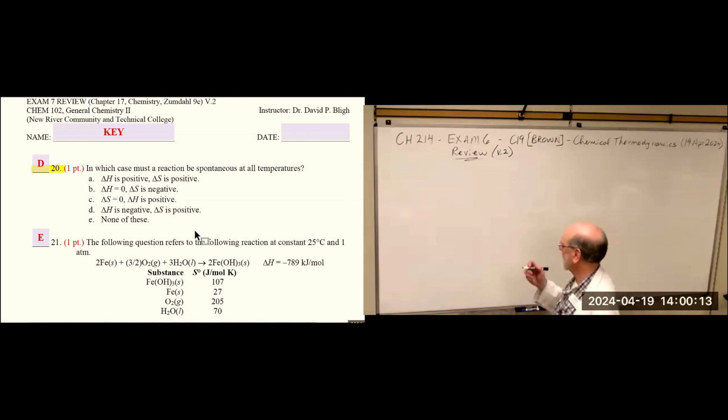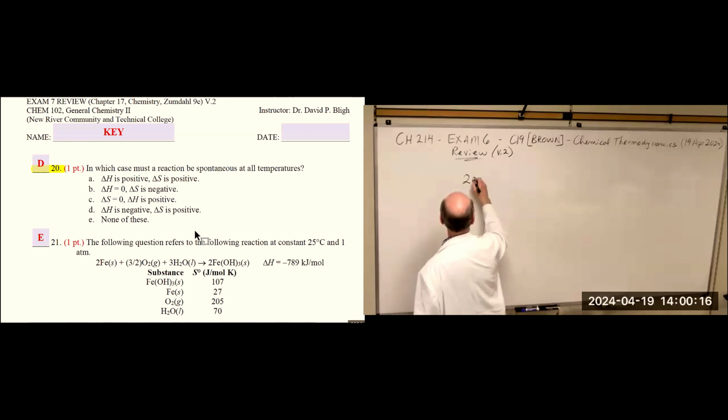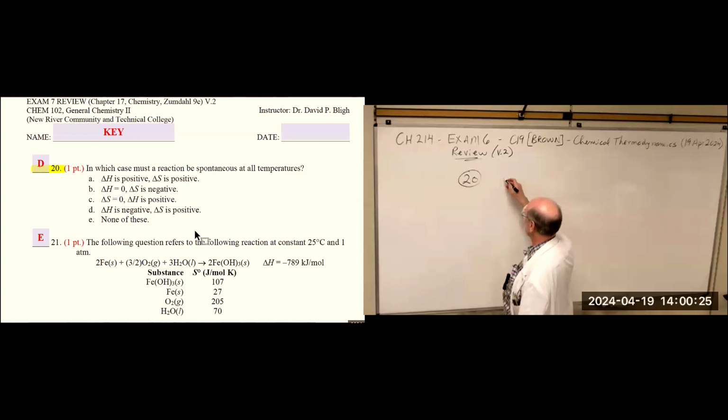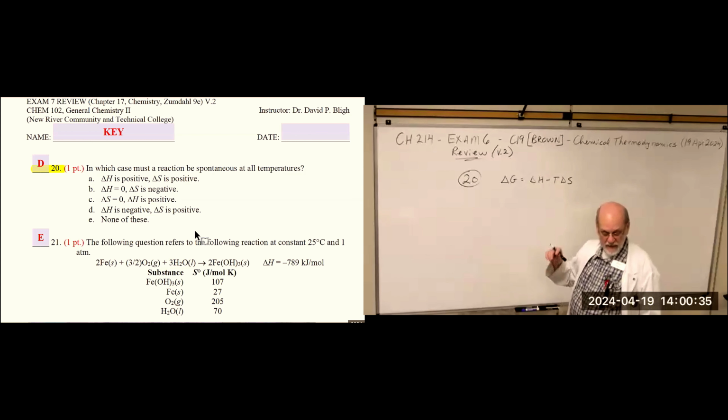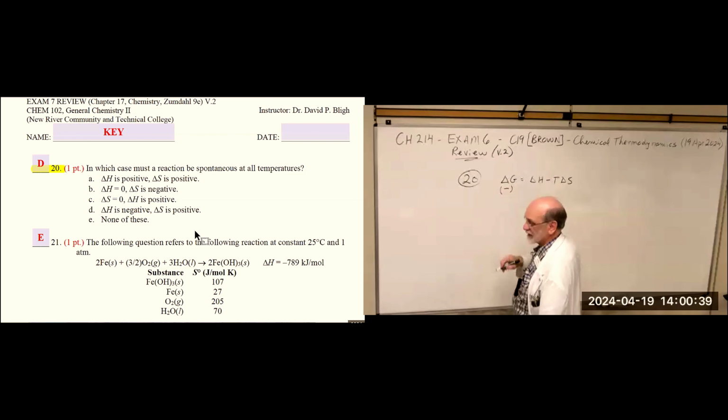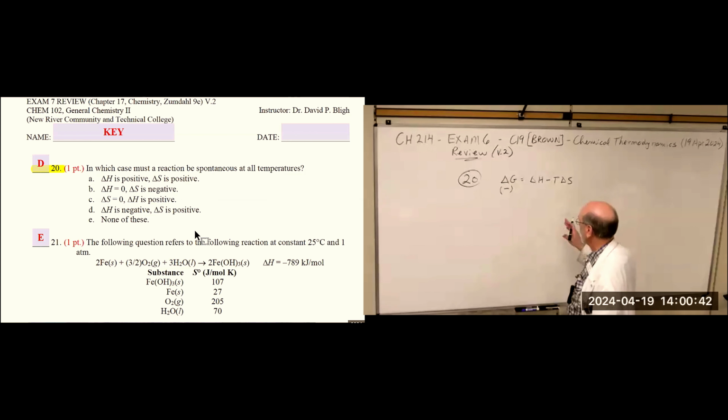Okay, 20. In which case must a reaction be spontaneous at all temperatures? The best way to do this one is to use the Gibbs equation. If we want the reaction to be spontaneous, free energy has to be negative. So when will it be negative under all conditions of temperature?